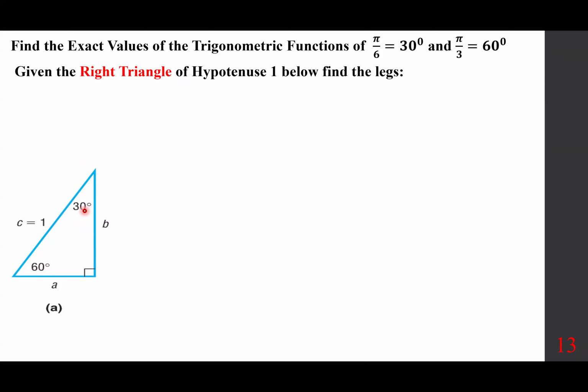This angle is also given as 30 degrees. So we want to work with them. So one angle is pi over 6 or 30 degrees. And the other one, of course, 90 minus that, must be pi over 3 or 60 degrees.